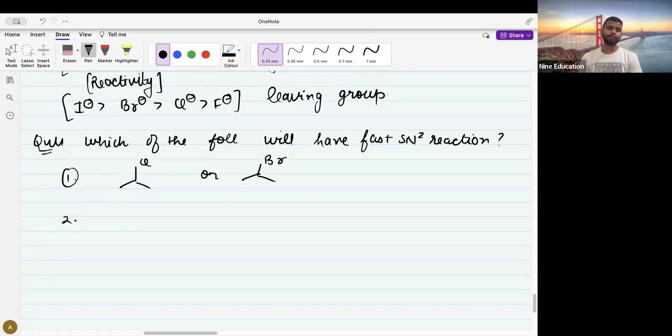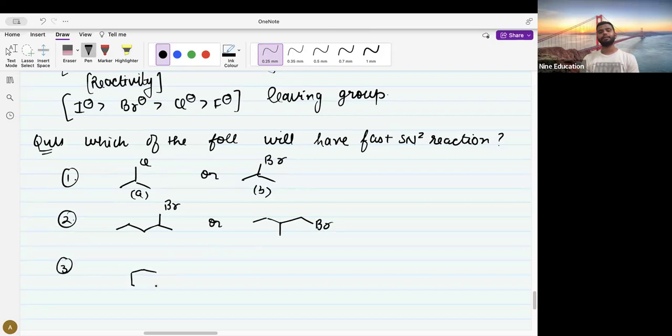In which of these two will it happen fast? You have to tell A or B. Second one, I am writing here bromine or here.